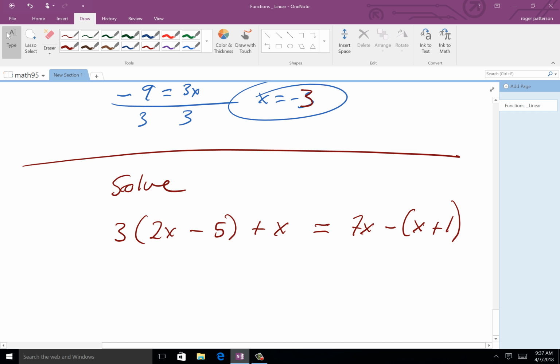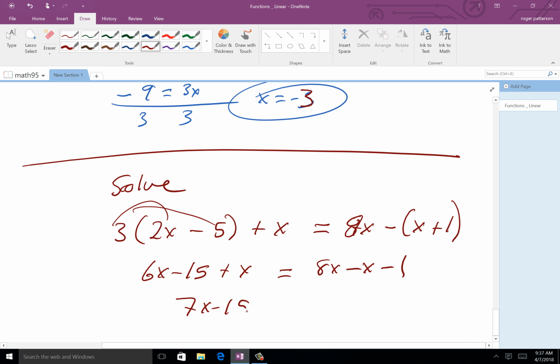So I'm zipping along on here, oops. And I notice that the x's are canceling out, and I get negative 15 equals negative 1. All right, so I know that this is not true at all, so this would have no solution.